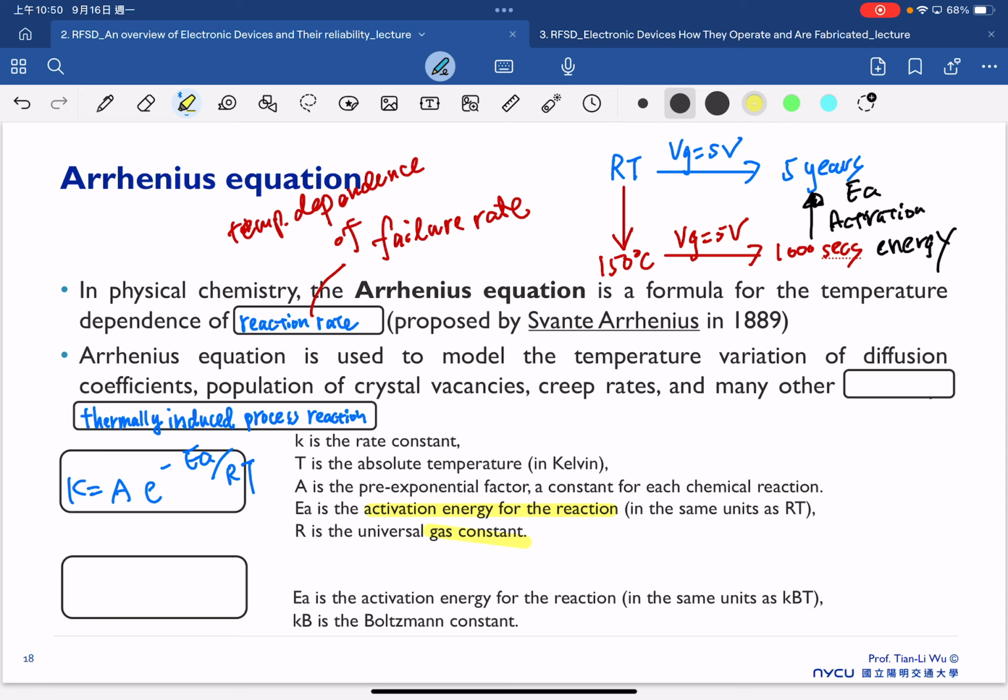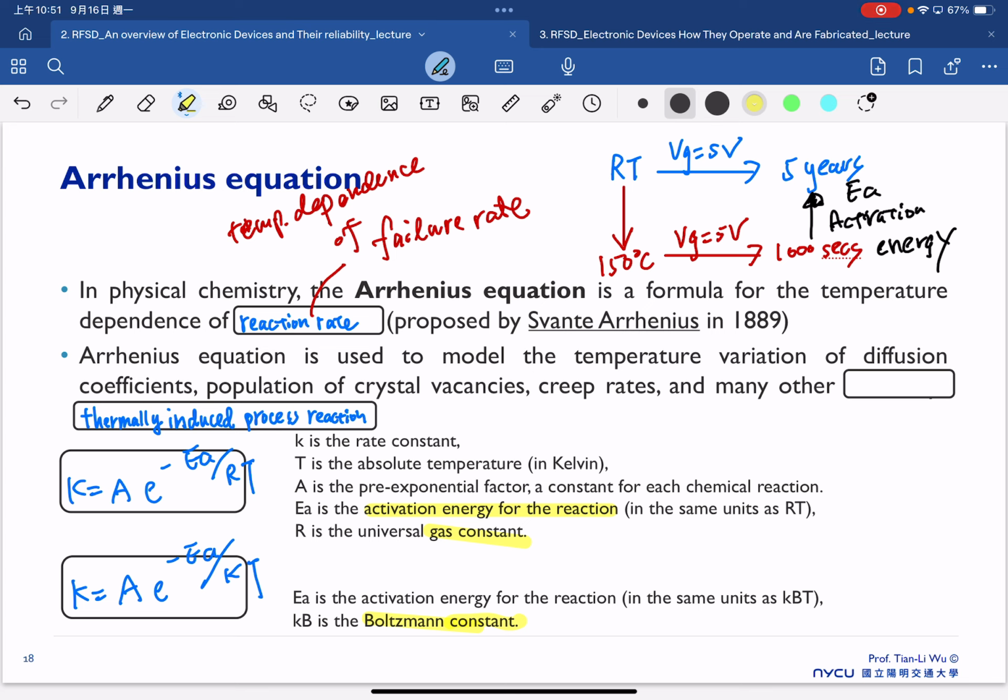But we can borrow this equation and reform it, where k is equal to A exponential of minus EA over kT here. And this is the case we are interested in, because now the k is related to the Boltzmann constant. I think the Boltzmann constant is a term you will meet again and again if you are in the semiconductor world.